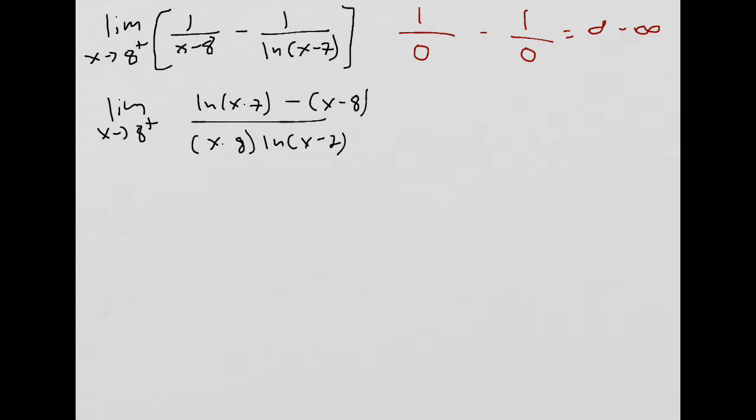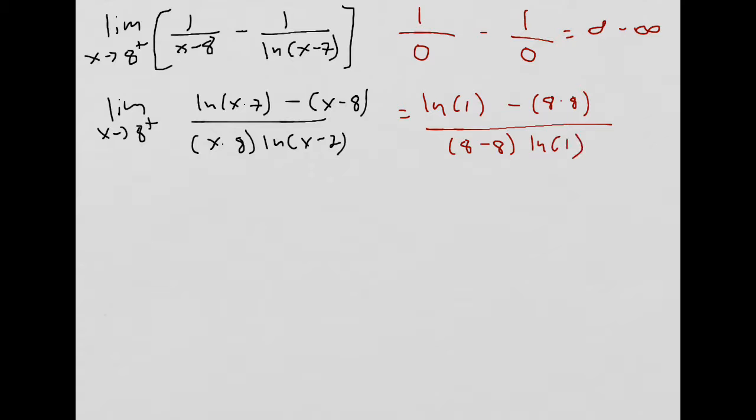Okay, so it looks a little bit complicated, but let's plug in the 8 again. So when we plug in the 8, what do we get? We get ln of 1 minus 8 minus 8, all divided by 8 minus 8, and then ln of 1.